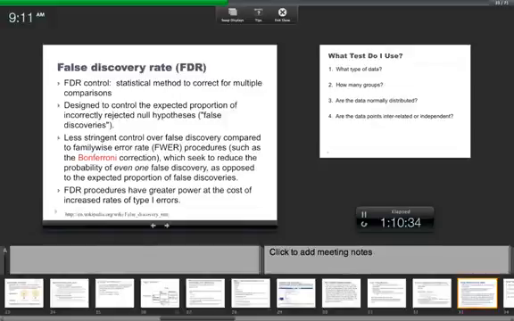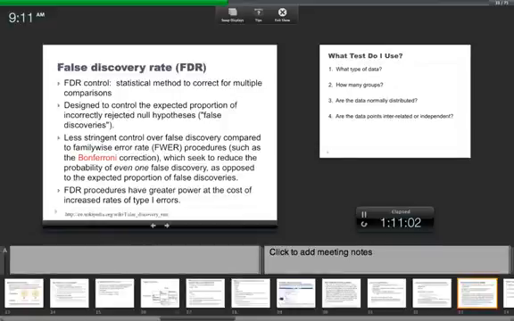But when we're dealing with microarray experiments, so many tests are being performed. If you apply the stringent type of correction for false discovery, the number of hits becomes very few.